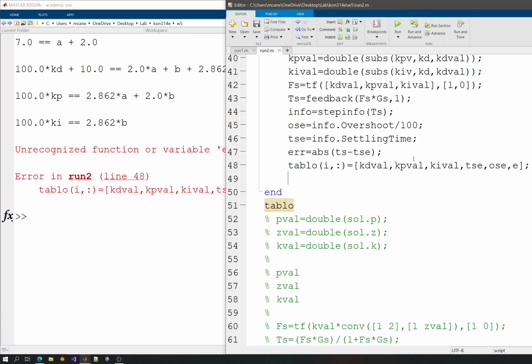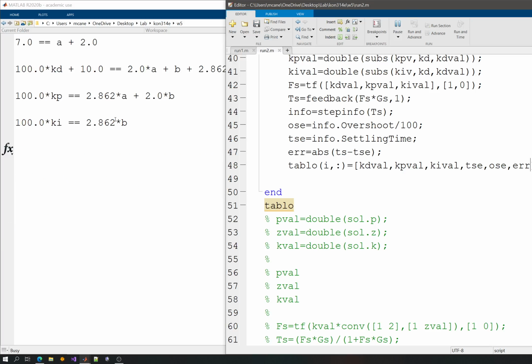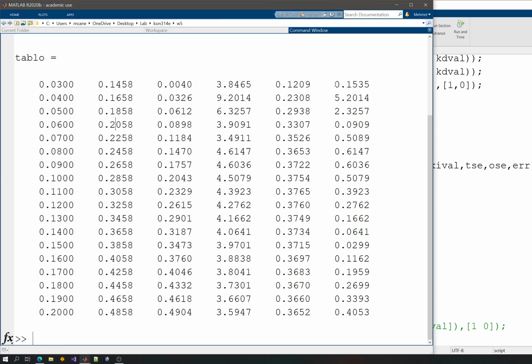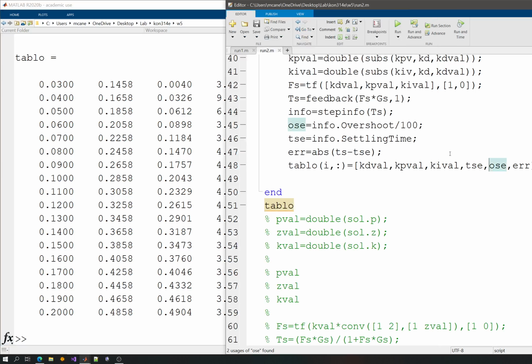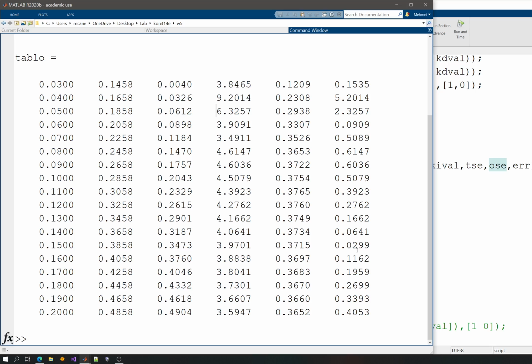I will have one more column here, and you can see that this gives me the absolute error for the settling time. Now I was trying to design a settling time of 4, so there's a margin of 0.15. If I have 9, I have 5.2, because adding 4 gives me this here.